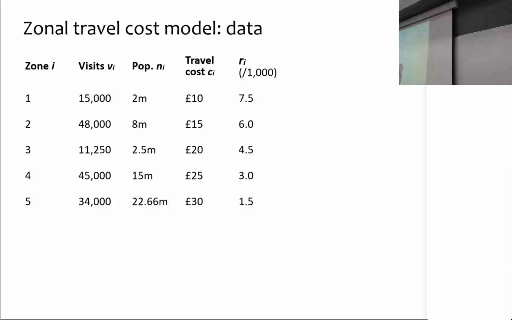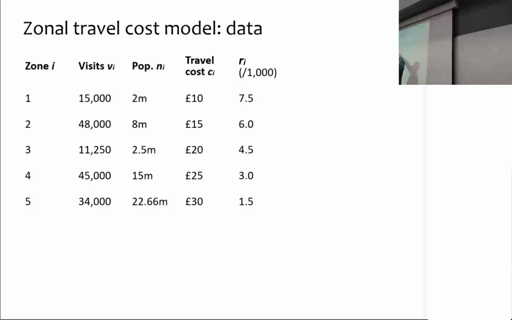And of those 2 million, 15,000 visit per, let's make it per year, right? Because otherwise we have lots and lots of people in this place. And let's assume that in zone 1 it costs a tenner to get there, right? You need to normalize this, right? So 15,000 out of 2 million visit, so that is a rate of 7.5, right?